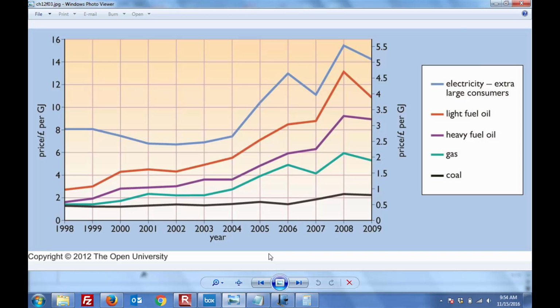Gas, and then poor old coal is sitting right down there at the bottom. So in a lot of senses, you'd say, well, gosh, let's just do coal all day long because it's so cheap. Well, as we're finding now with the ash ponds and the cooling and the scrubbers and all that, it's gone up considerably.